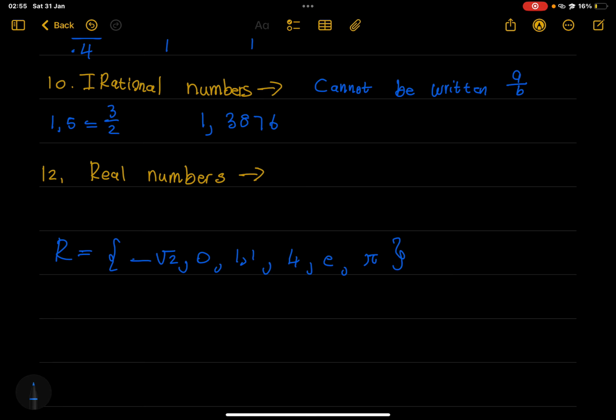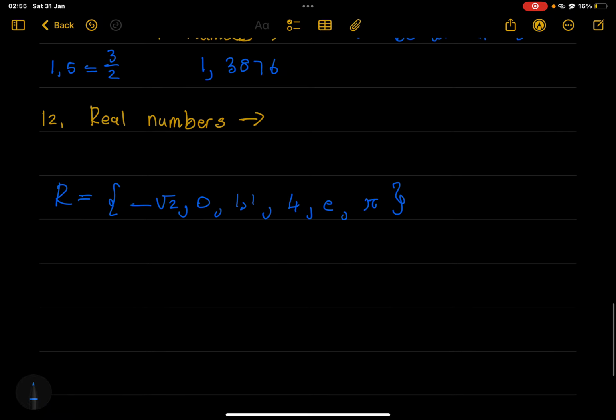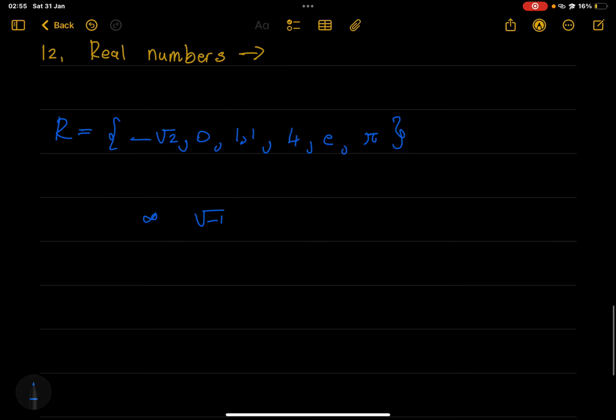Understand? That is a real number. Something that cannot be a real number is like infinity or square root of -1. Those things are not real numbers. And also the cube root of -1 is a real number, because this thing is simply equal to -1.